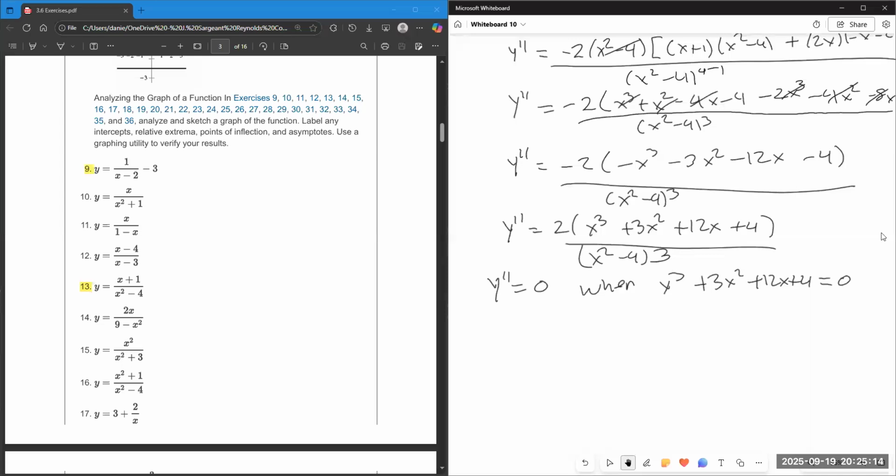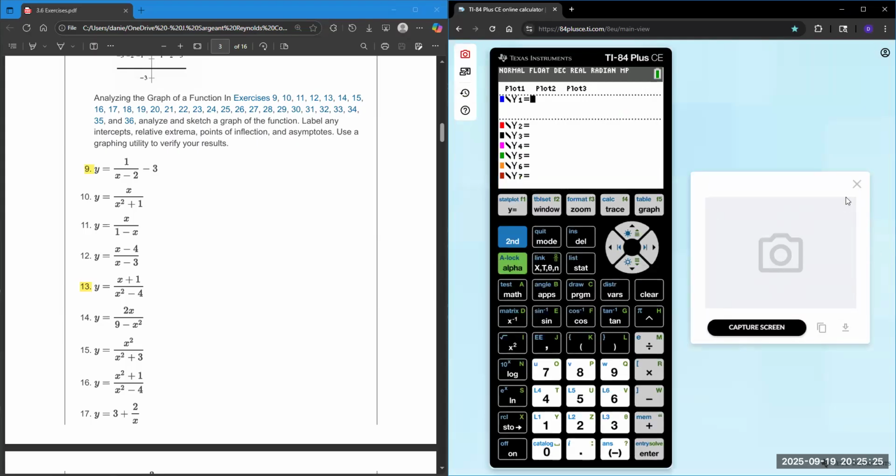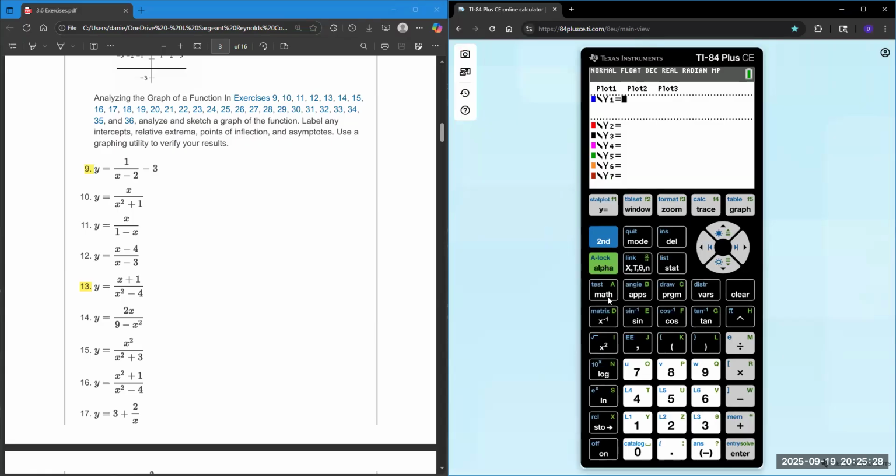and share it right here. So let's change this to this view here. And we have x to the third plus 3x squared plus 12x plus 4. And I need to graph that and find the 0 here.